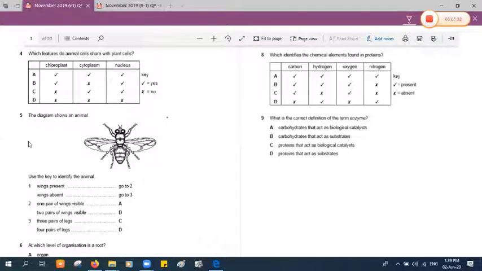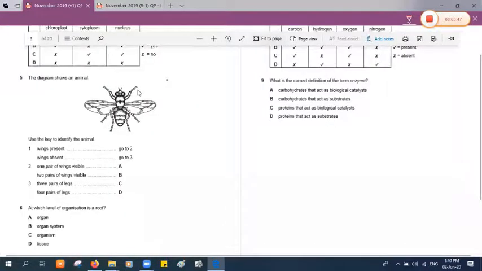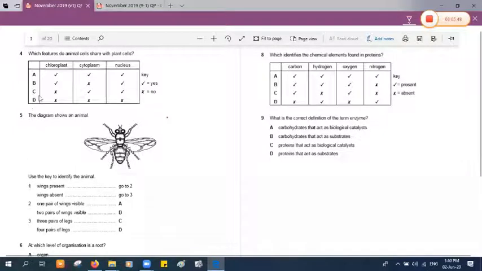Here you have chloroplast, cytoplasm, and nucleus, with a tick for yes and a cross for no. So number 4 is C, perfect, because animal cells don't have chloroplasts, and they have cytoplasm and they have a nucleus for sure. Okay, let's move to number 5.